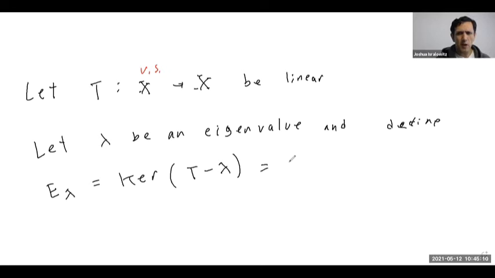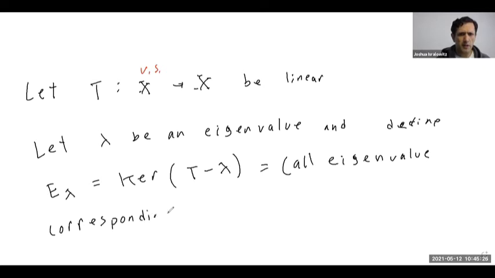All right, so pretty obviously this is going to be equal to all eigenvectors corresponding to lambda. Well, the 0 is always in the kernel, obviously.